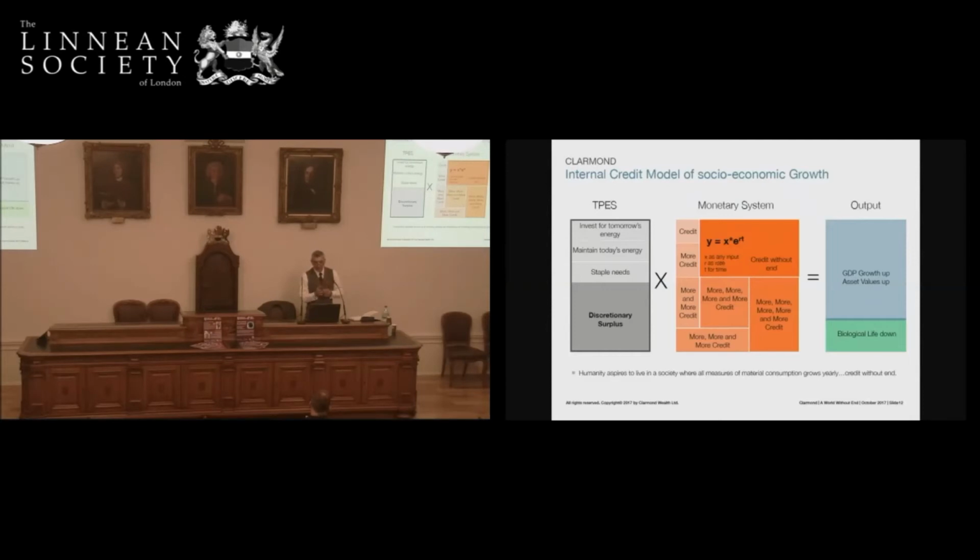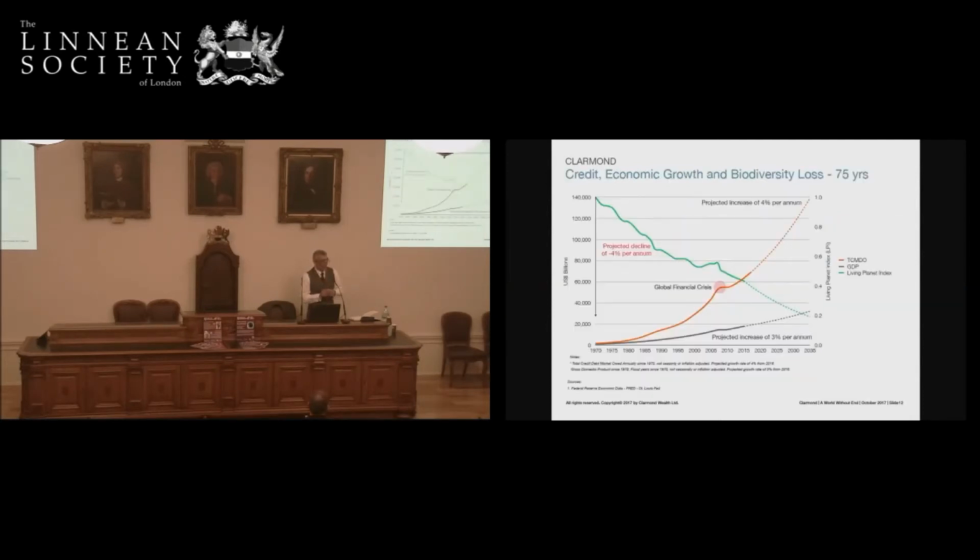And when it doesn't grow, this orange line is the total credit in the United States since 1971. It starts off at a little over $1 trillion, and that is government borrowing, household borrowing, corporate borrowing, state and local borrowing, all the borrowings that Americans make. In 1971 it was about 1.5 trillion.